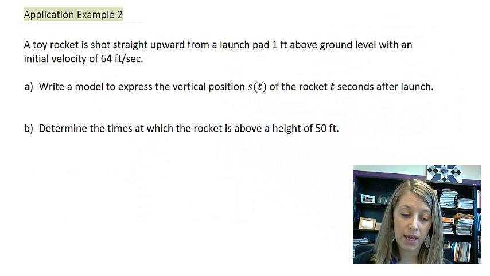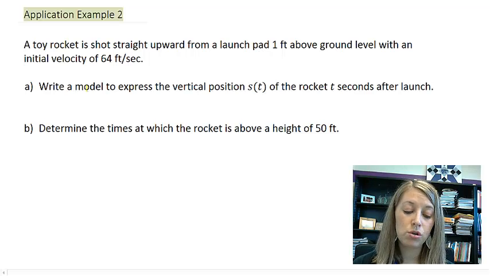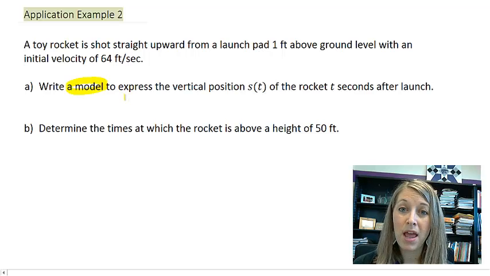A toy rocket is shot straight upward from a launch pad 1 foot above ground level with an initial velocity of 64 feet per second. So we need to write a model, meaning we need to write a function or an equation of the vertical position given by that formula that I just gave you of the rocket t seconds after launch. So t stands for time.